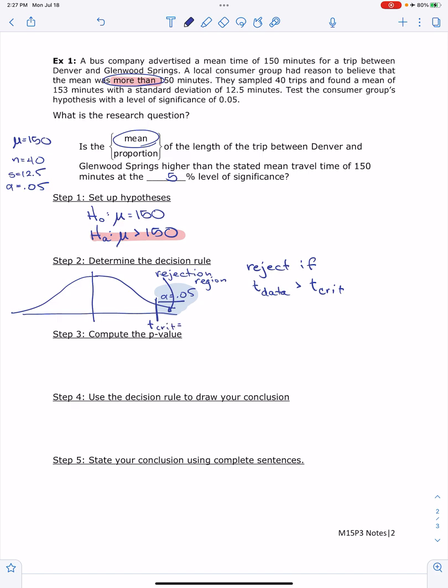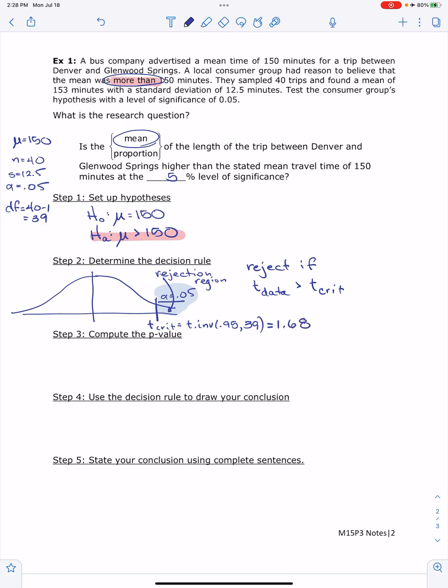So that is going to be T dot inverse of the 0.95 to the left, and now I need degrees of freedom. So if my sample is 40, my degrees of freedom is 40 minus 1. I get a 39, and I get a critical value of 1.68.